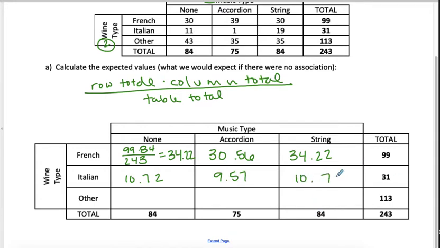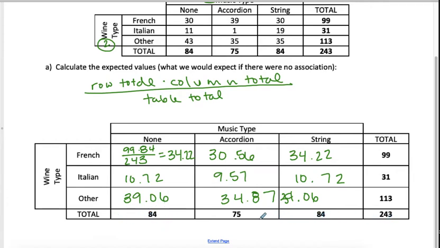So I'm just going to keep going. 113 times 84 divided by 243. And 113 times 75, still that same idea here. And last one, 113 times 84, we still get that 39.06. So those two columns end up being the same because they had the same total in them.